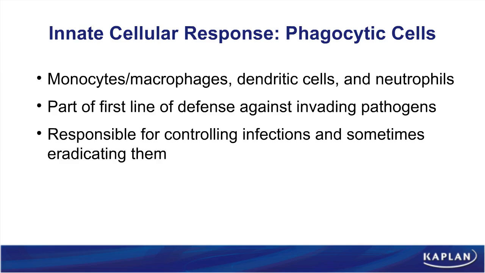So let's talk about the cellular response. And again, remember, this is at the site of infection. So the cells that are going to be really important here are our phagocytic cells. Recall from chapter 2 when we were discussing our monocytes versus our macrophage. Our monocytes are those juvenile forms of our macrophage that are going to be within the bloodstream.